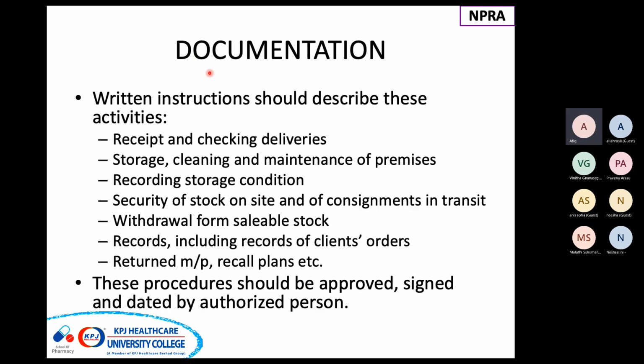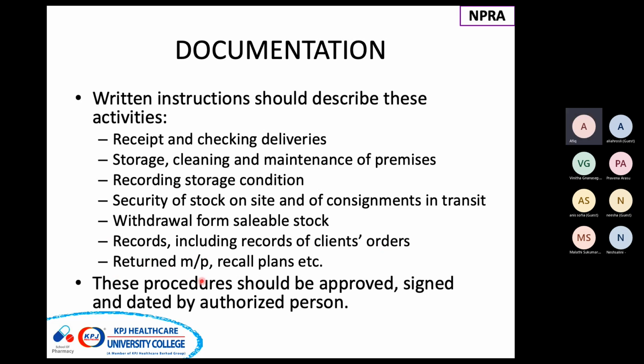And then in terms of documentation, you should have written instructions which must describe these activities that include receipt and checking of deliveries, the storage, cleaning and maintenance of premises, the recording of storage condition, security of stock, withdrawal form for saleable stock, and then records including clients' orders, and if there is any return or recall of materials and also product.